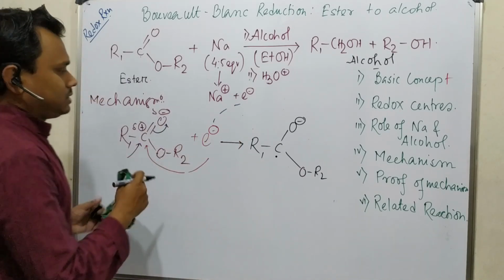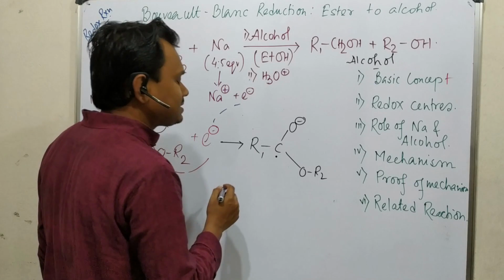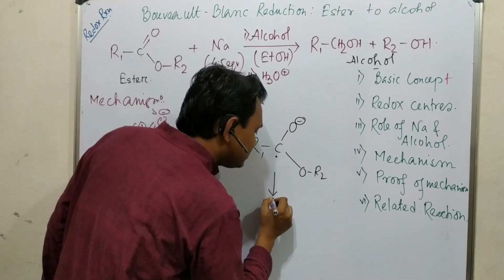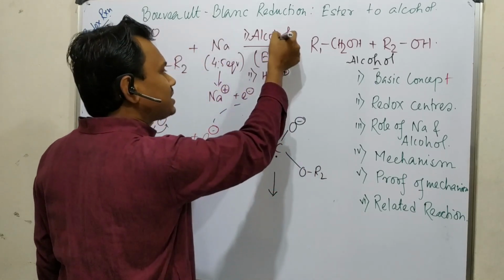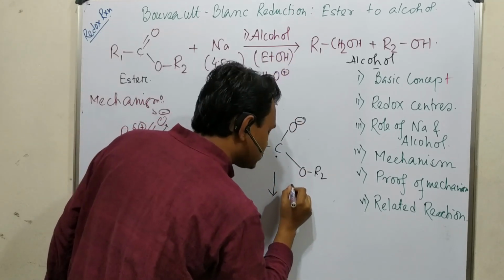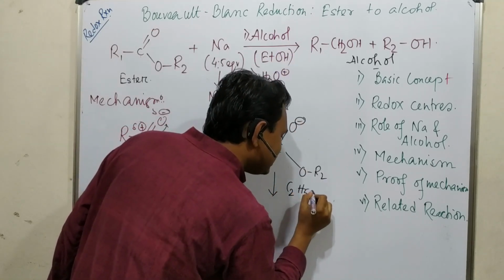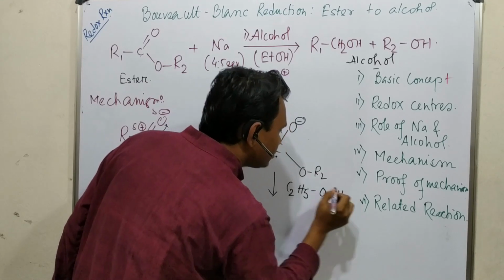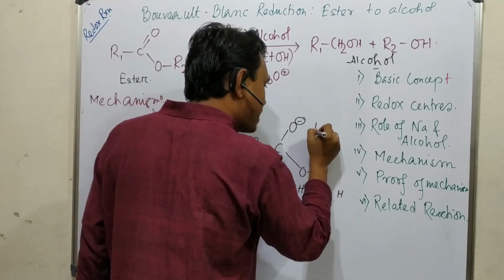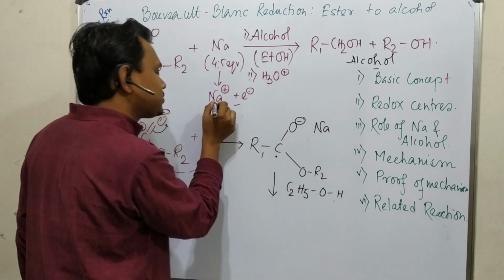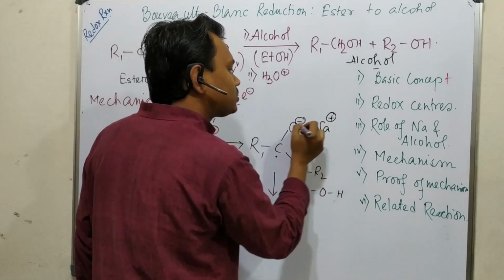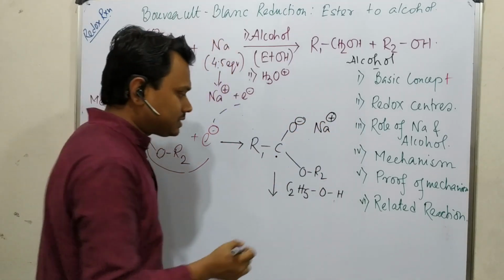Okay, now in the next step, what is done? Since we have used ethanol, for example, let's consider instead of alcohol we have used ethanol as a solvent. Then this ethanol acts as proton donor to this, because one thing keep in mind, there is sodium plus, so the ethoxide will remain closer to this in order to maintain electron neutrality.